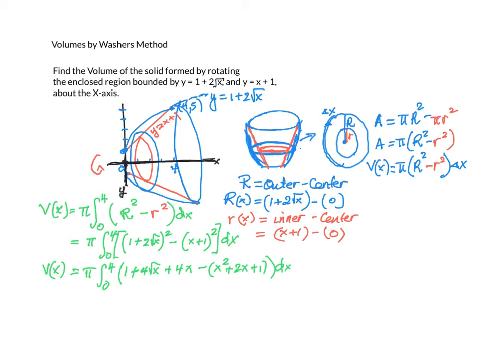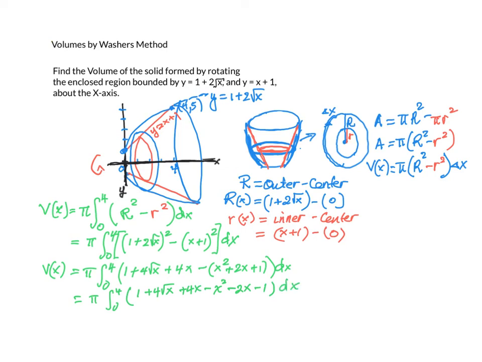Using distribution, I'm going to get pi times the integral from 0 to 4 of 1 plus 4 square root of x plus 4x minus x squared minus 2x minus 1 times dx.